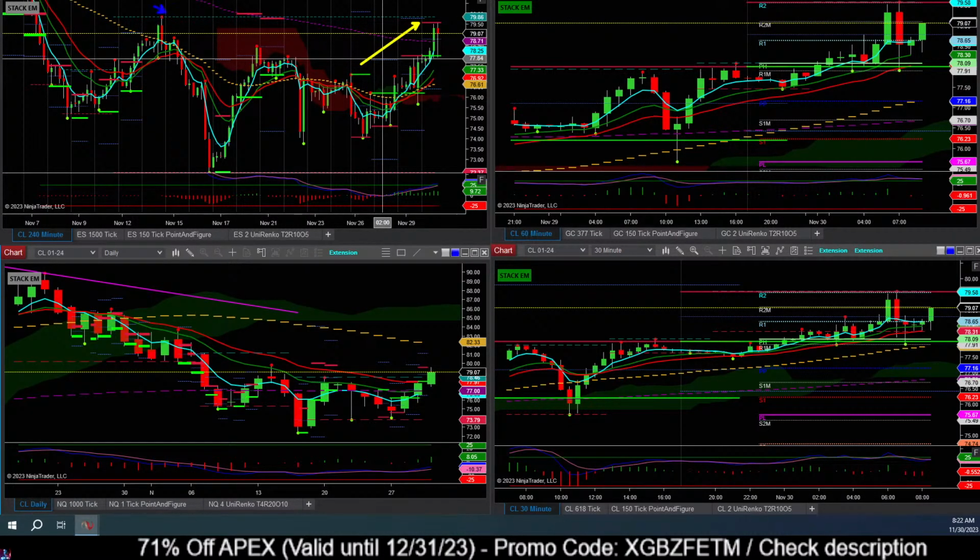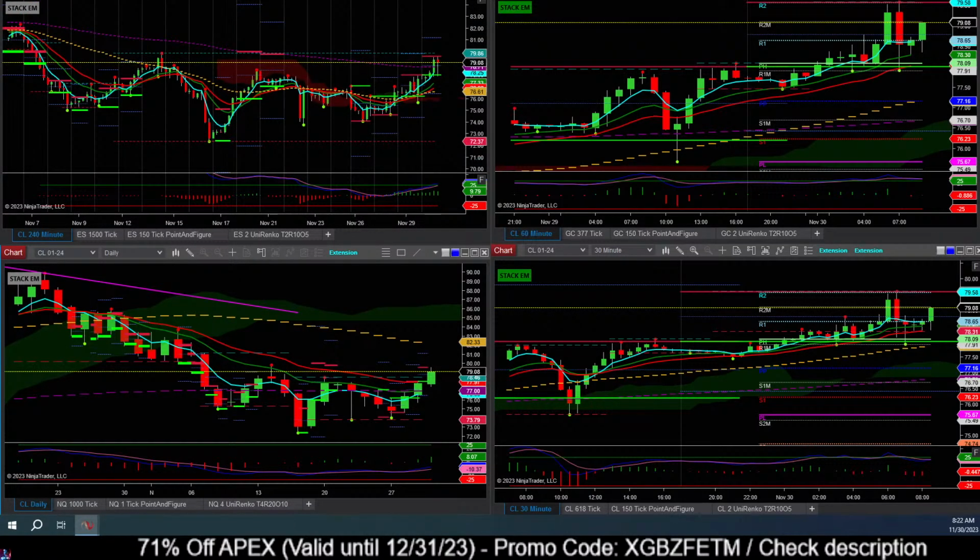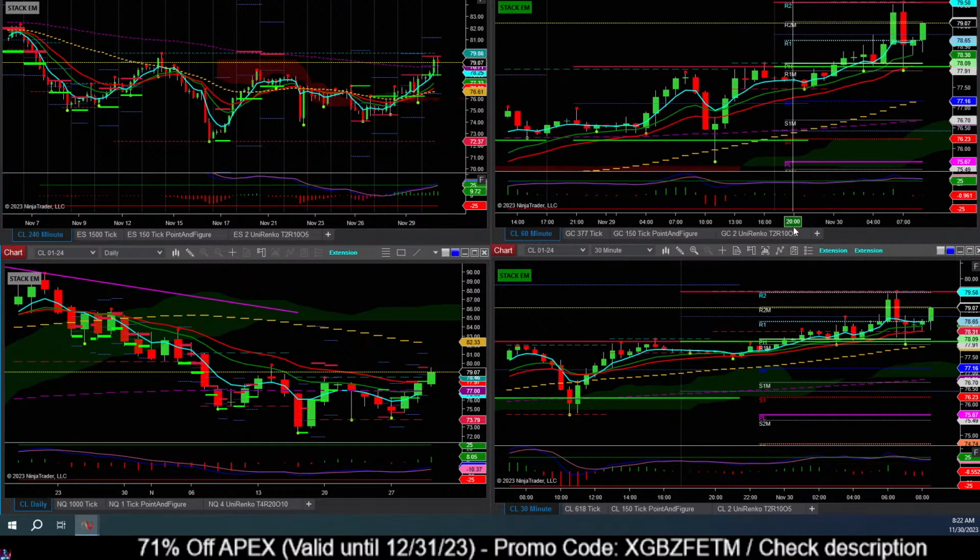Seems that it wants to keep moving up. We'll see. Yeah, 60 minutes and 240, it's triggered a bull flag in both, and it's moving up now.